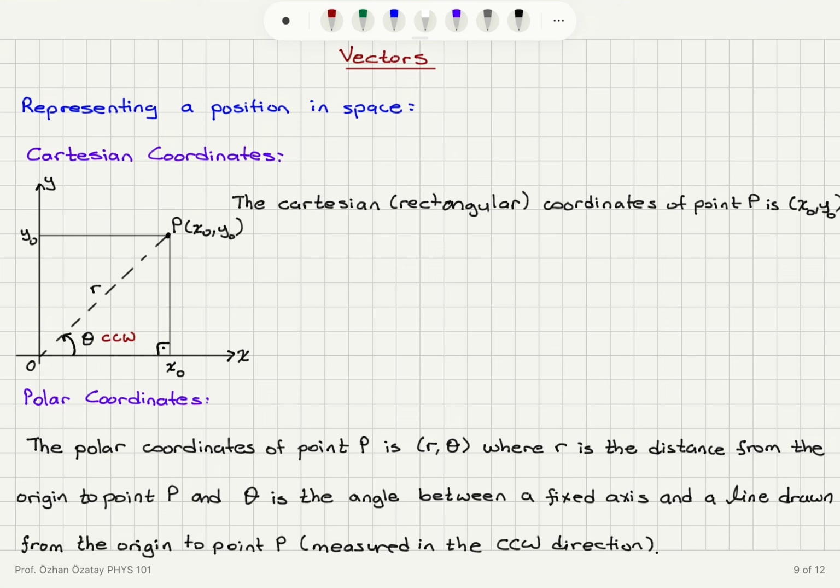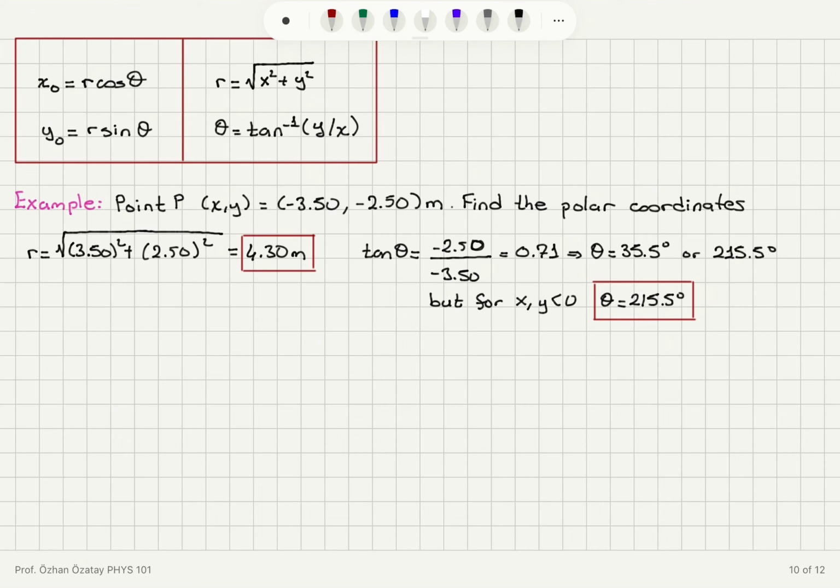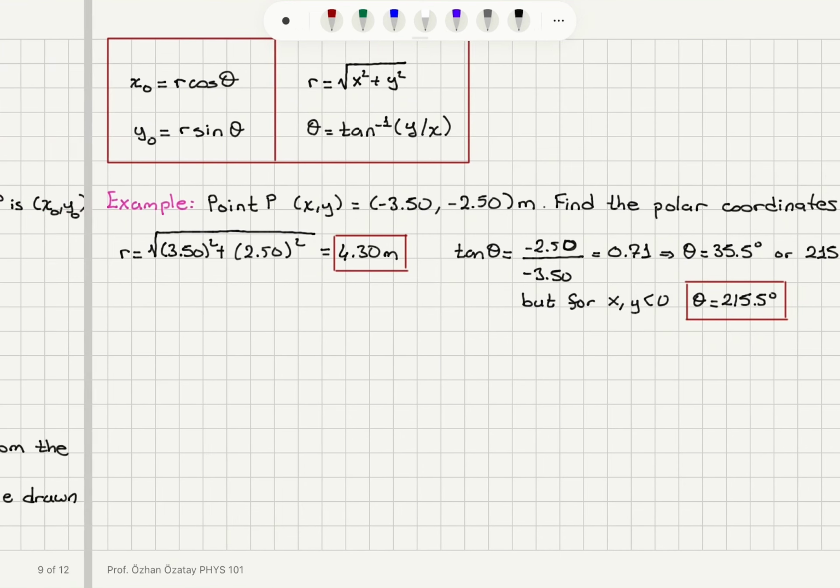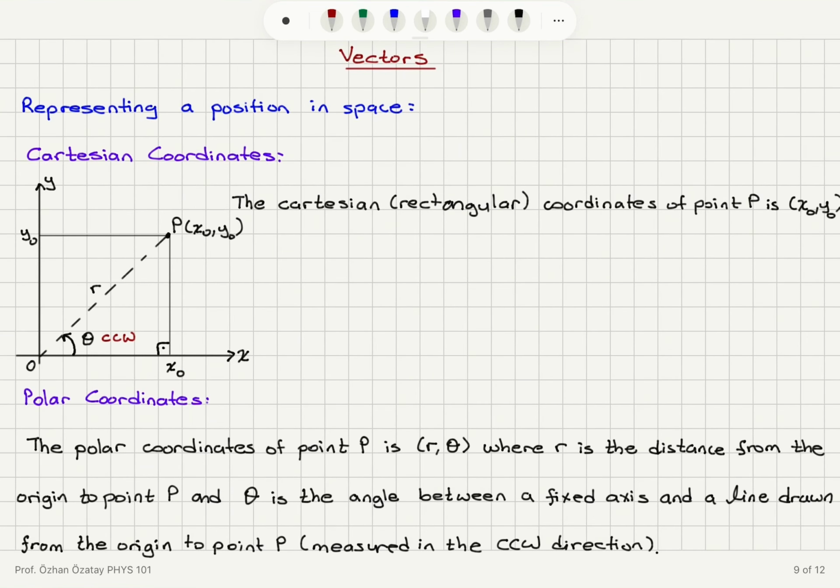So we have 2 choices. We can use Cartesian coordinates and represent it as x0, y0, or we can use polar coordinates and represent it as r and theta. Now, how do we transform between these 2 coordinate systems? Well, you can see that we have a right triangle here, and if you check cosine of the angle theta, it is x0 divided by r.